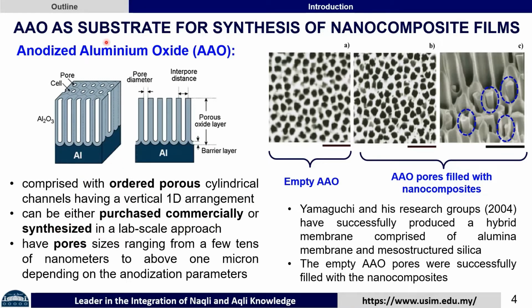The AAO also usually has a pore size ranging from a few tens of nanometers to above 1 micron, depending on the anodization parameters. In 2004, Yamaguchi and his research group successfully produced a hybrid membrane comprised of alumina membrane and mesostructured silica, where in their work they proved that the empty AAO can actually be filled with nanocomposites, as you can see in the figure here.